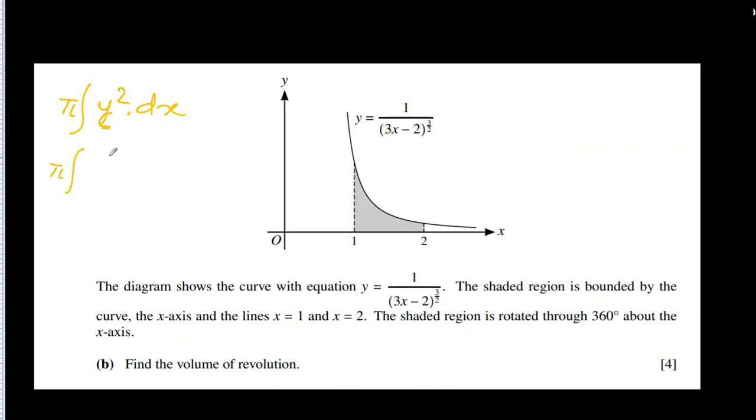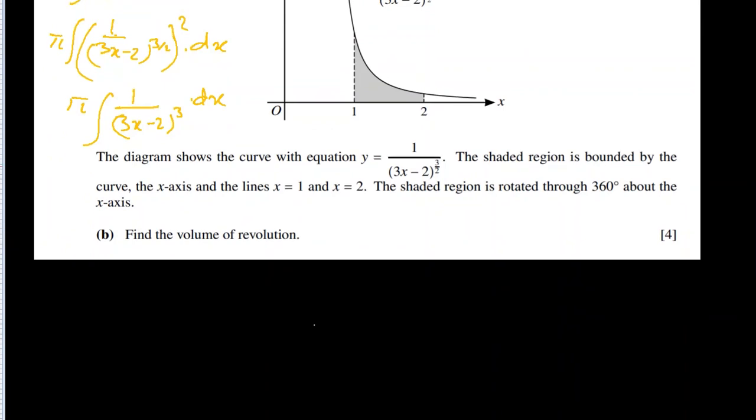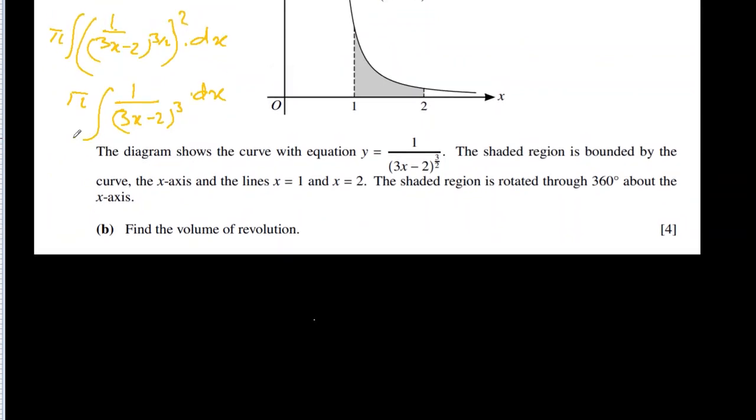Pi, 1 over 3x minus 2 to the power 3 over 2, squared, dx. So pi remains pi, the integration sign remains, and 1 squared is 1, but 3 over 2 multiplied by 2 will be 3, so it will be 3x minus 2 cubed dx. And now we will integrate this and give limits from 1 to 2.